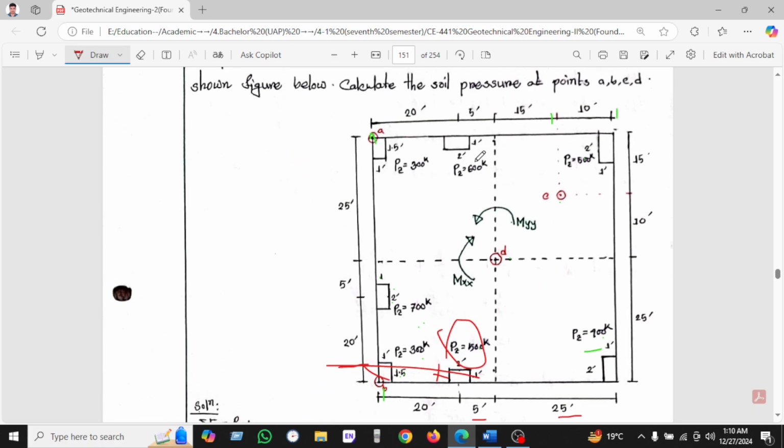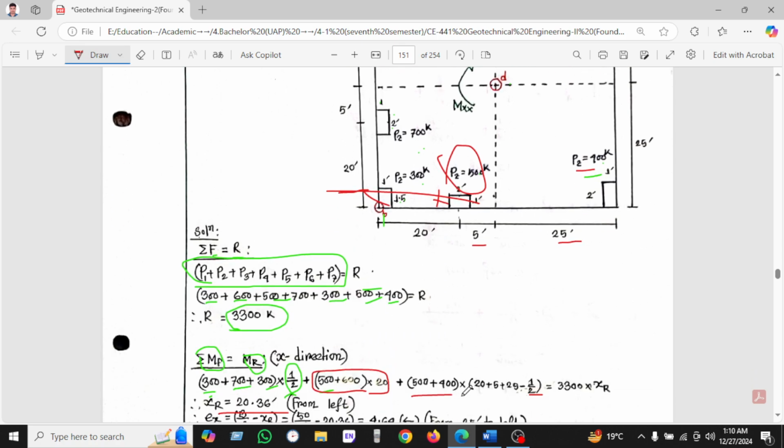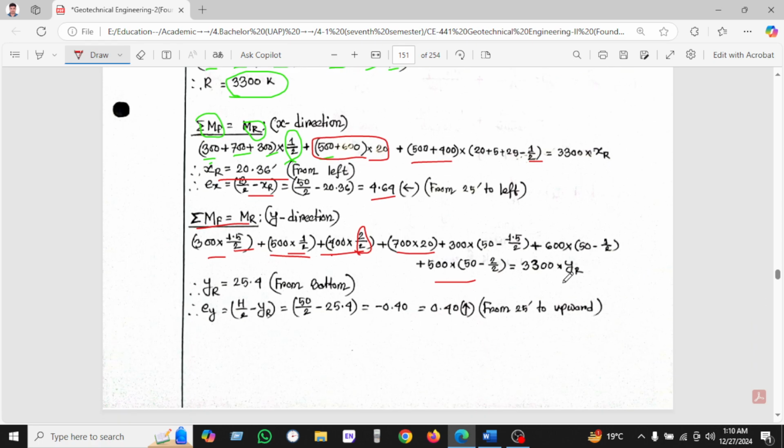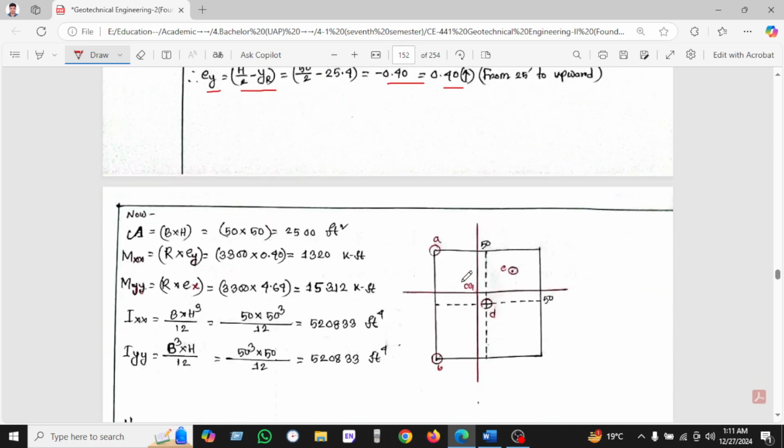So you can see here the 400. This is also 200 divided by 2, and 7 into 20. In this way we calculate, putting all these below, and find YR, which is 25.5. And here we will calculate the eccentricity in the y direction and find 4.40 upward.